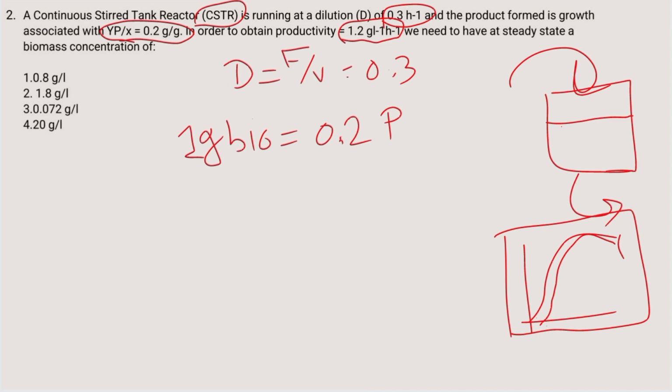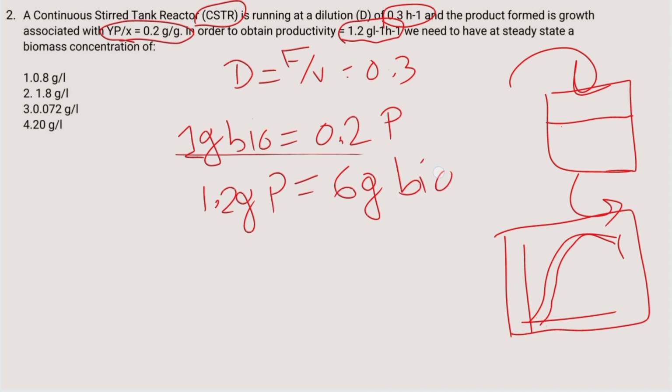Thus it is the rate, the time is mentioned here. Now to get this 1.2 gram of the product, and from 1 gram of the biomass you are getting 0.2 gram of the product, you have to have at least 6 gram of the biomass.